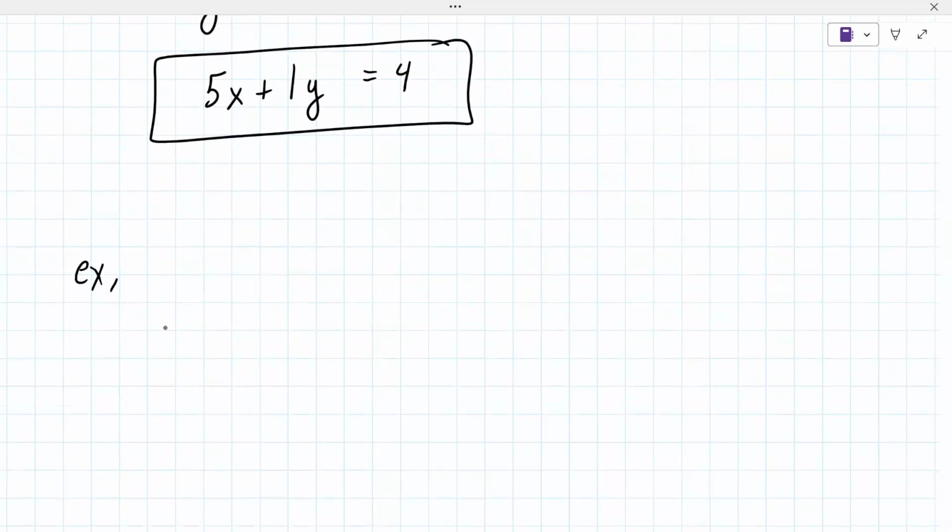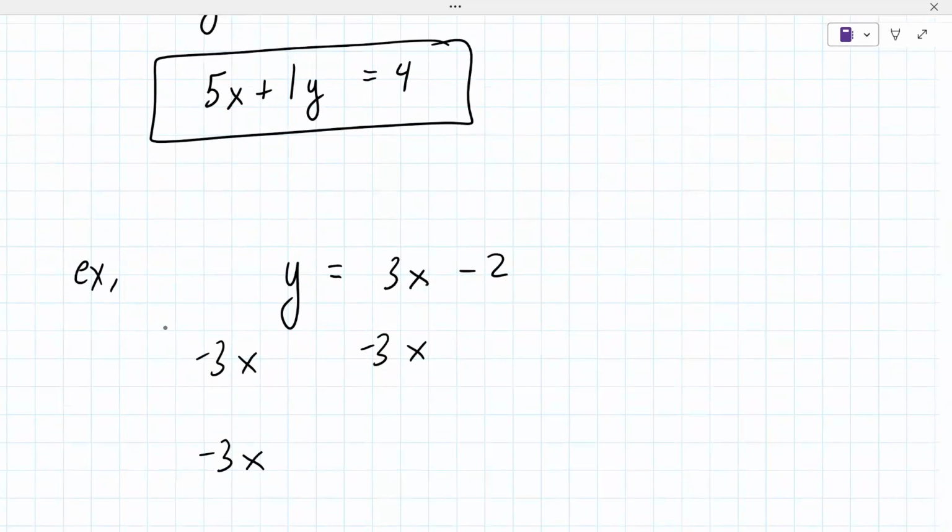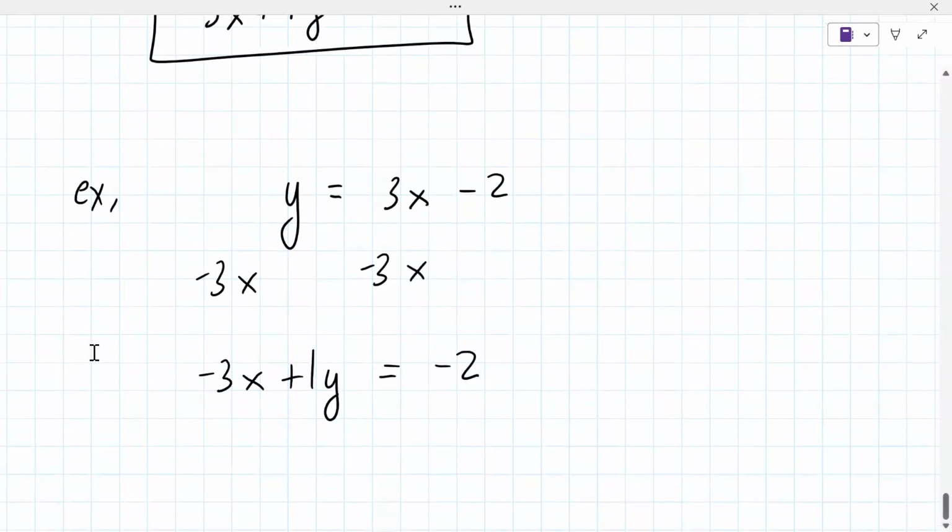Okay, so let's say it's y equals 3x minus 2. This time when you move the x to the left, I'll put it in front: minus 3x plus 1y equals -2. You then want to get this in a form where A, B, and C are integers, and we have that.